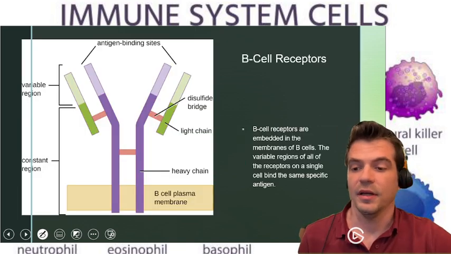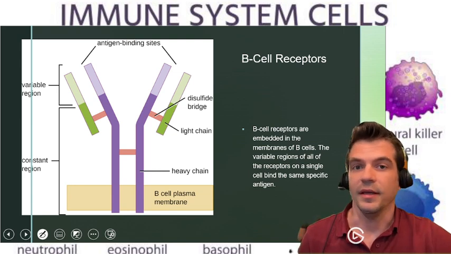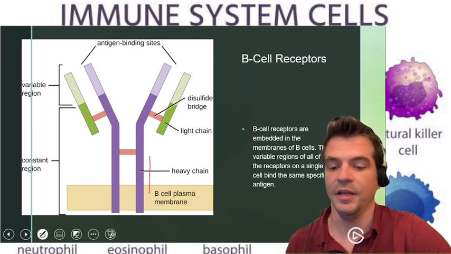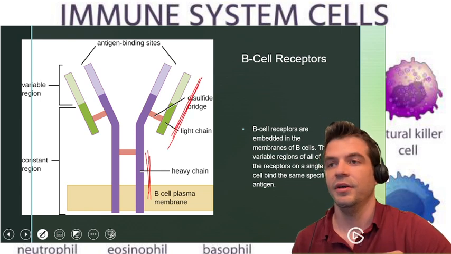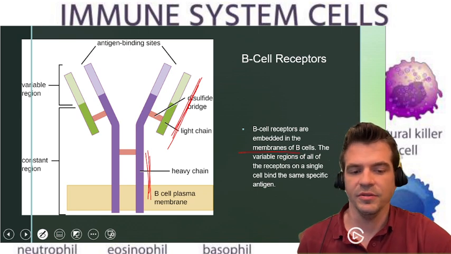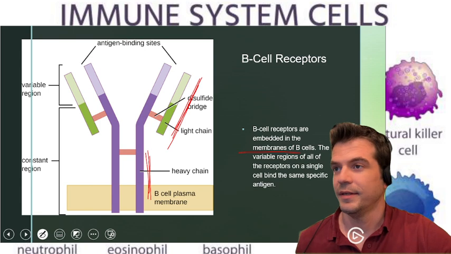And a B cell receptor looks a lot like an antibody, right? And we have the heavy chain here and the variable region here, and they are embedded into the membranes of B cells. Okay, this is not quite an antibody.